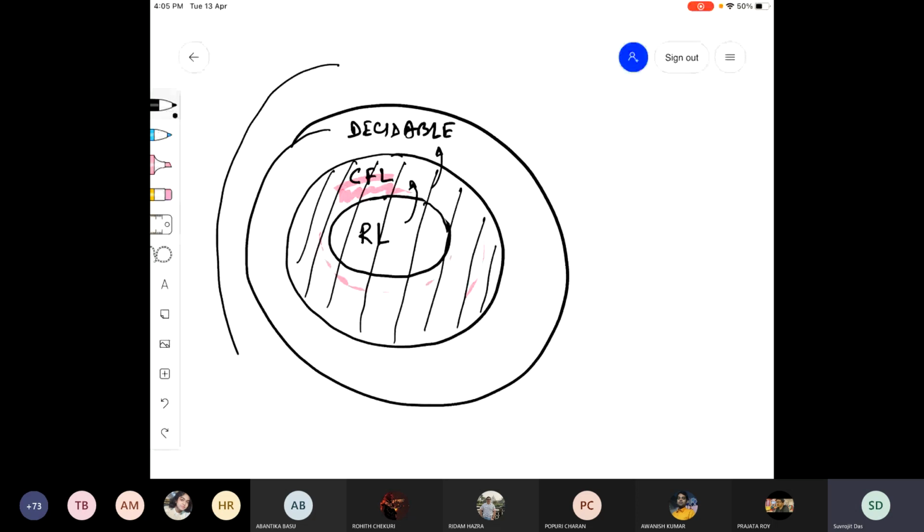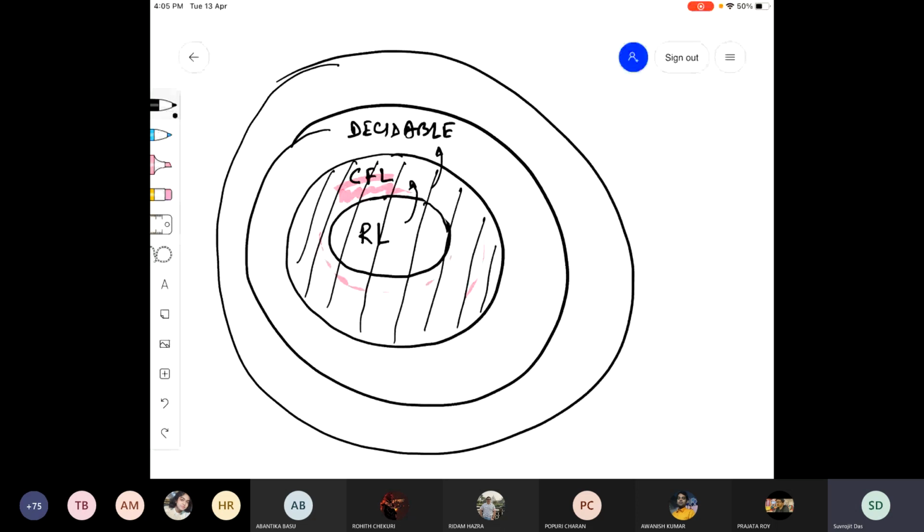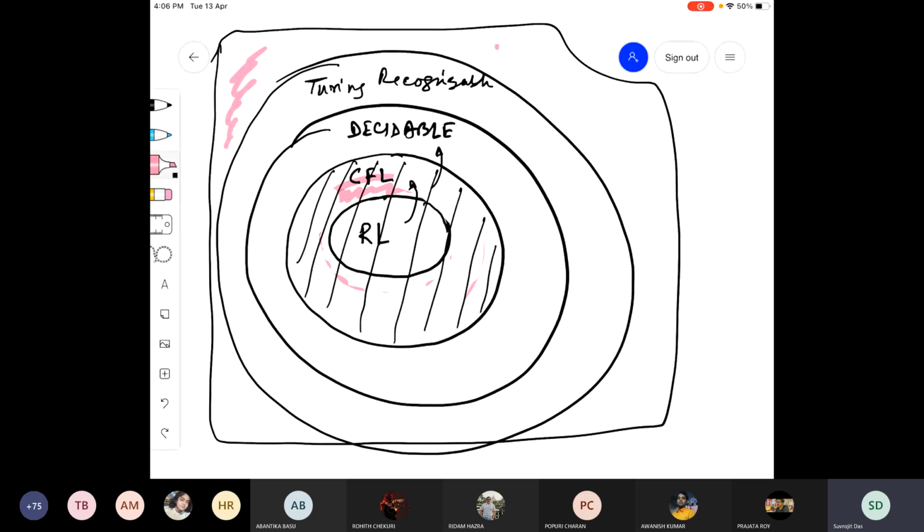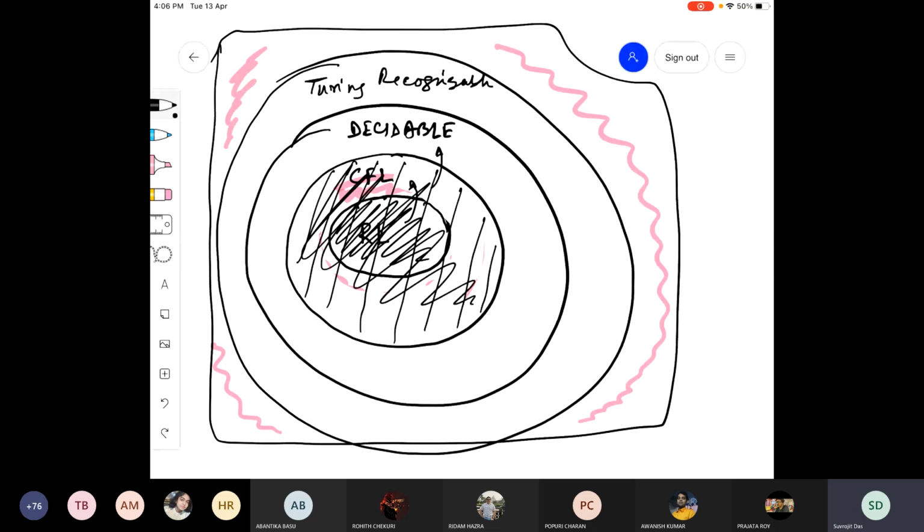There is a class of languages called, I introduce a new term, Turing recognizable. In a sense, this is the class of all languages of discourse. It means that here we have certain languages that are not even Turing recognizable, right? All regular languages and all context-free languages are of course decidable.